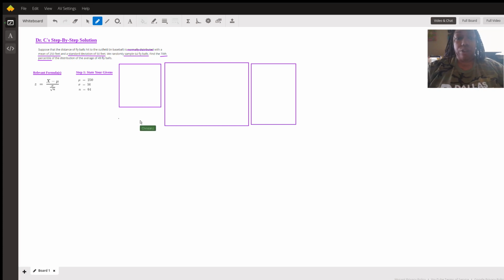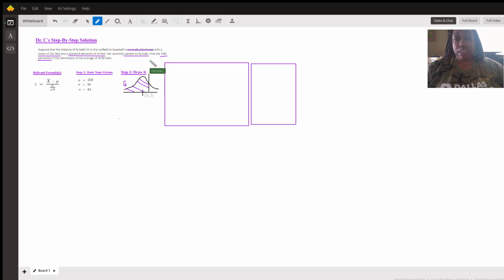So the next thing I always recommend is to draw it out. Whenever we look up a z-score, we're always given the area to the left. So we're going to draw it in. Based on what we're looking for, it didn't say anything about upper 70th percentile.